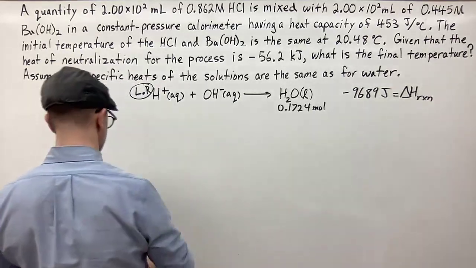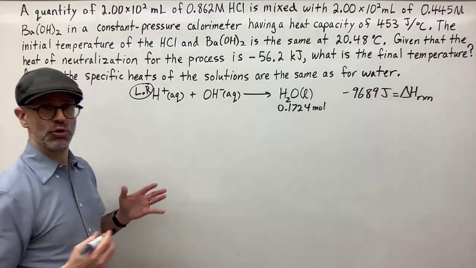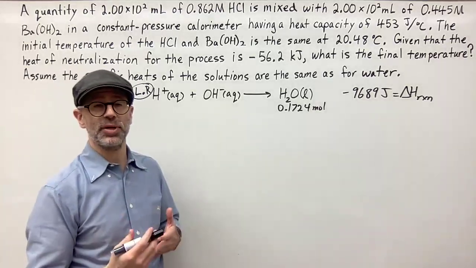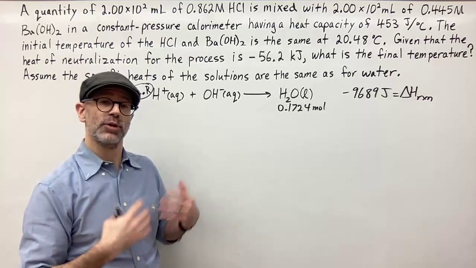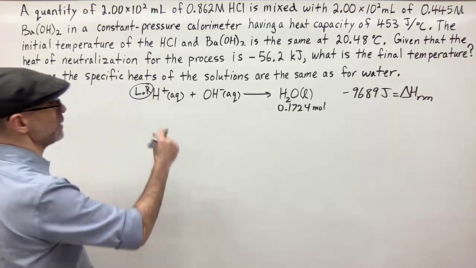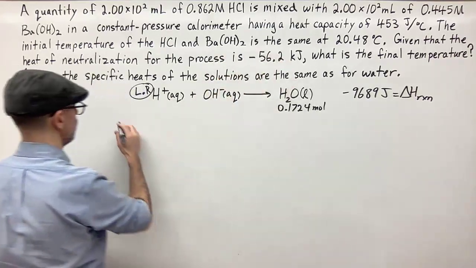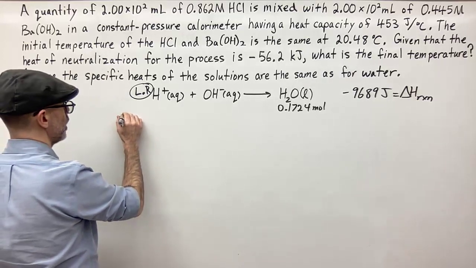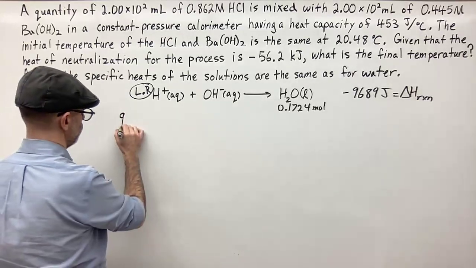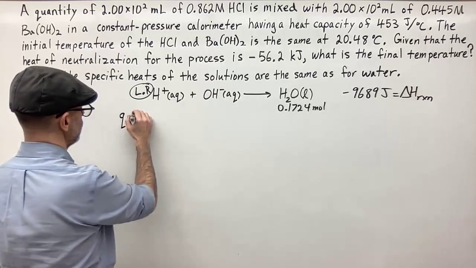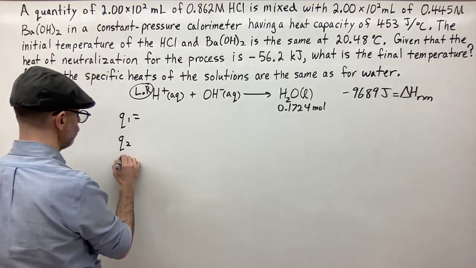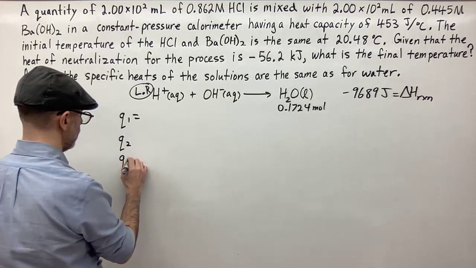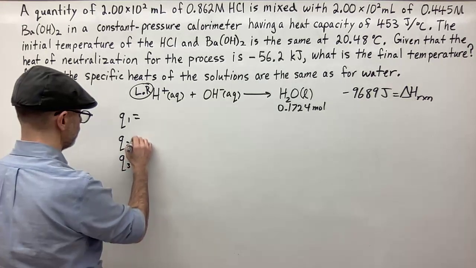Okay, so now for the calorimetry. So we have a few heats that are being absorbed and released. So there's heat being released by the reaction, right? So we got a few Q values to worry about. So Q1, Q2, and Q3.